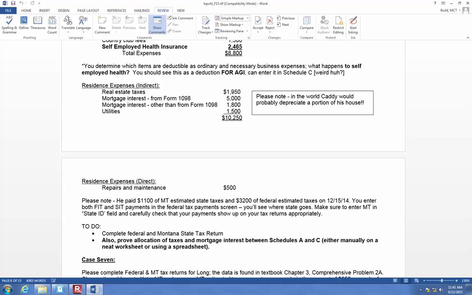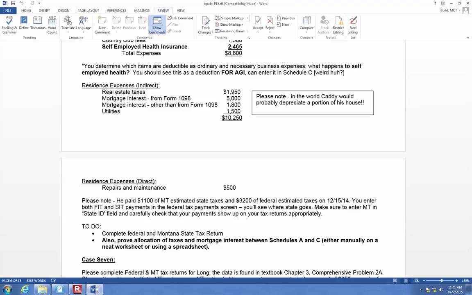In December of 2014. So how do we treat SIT on an A, and how do we treat FIT on a 2A? They're deductions, they're itemized deductions. But you only get up to, I think, is it $5,000 for Montana? $5,000 per person.